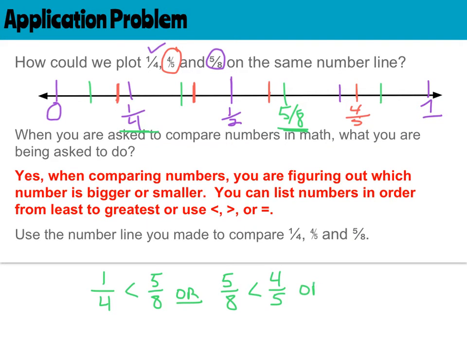Additionally, I can just list them in order from least to greatest. And I see 1/4 first, then next is 5/8, then finally is 4/5 from least to greatest. So those are a couple of ways that we can compare numbers using a number line.